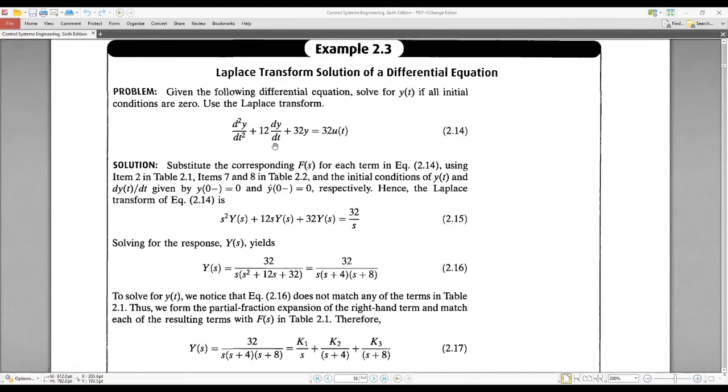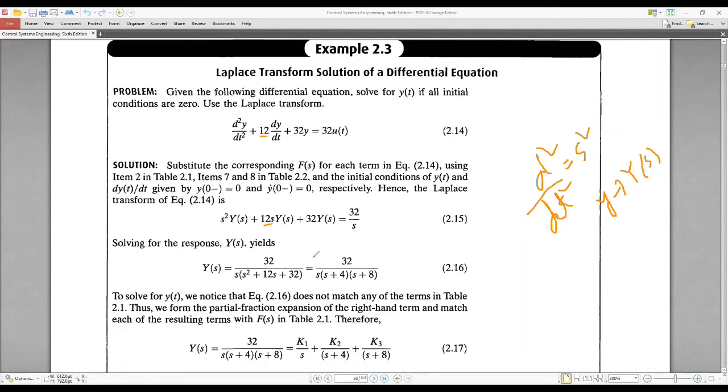See, this is our equation. Now we have to take the Laplace transform. Instead of d squared by dt squared, we can write s squared, because d by dt is actually s. So if it is squared, then it will be s squared. And the small y in the Laplace domain becomes large Y. The 12 is as it is.